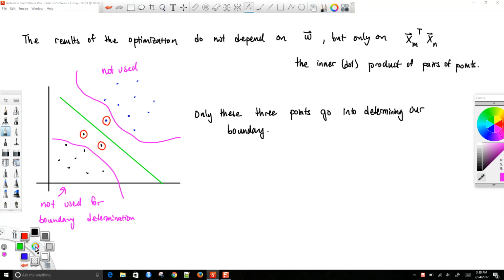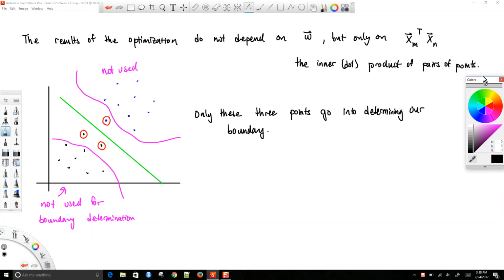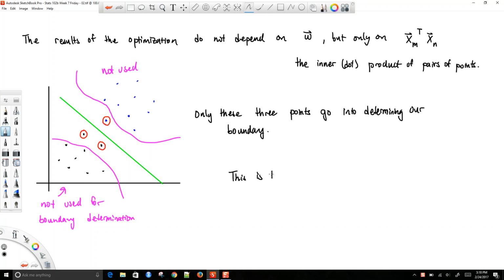The way we've defined our optimization problem and the results that it's going to find, there are a few side effects. This is the optimal result for the way we have defined our problem.